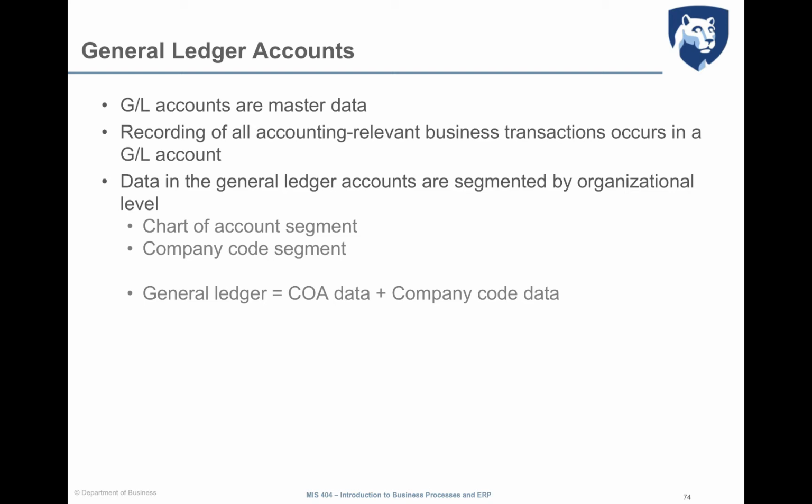The accounts in the general ledger are defined based on the selected chart of accounts, as we already discussed. Once the chart of accounts is defined for each company, the general ledger represents no other than an instantiation of the chart of accounts for a particular company, and can include some or all the accounts in the chart of accounts of the company.